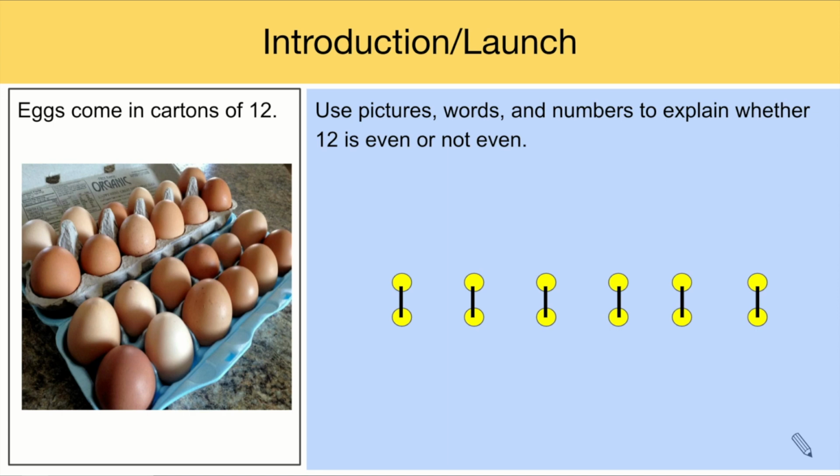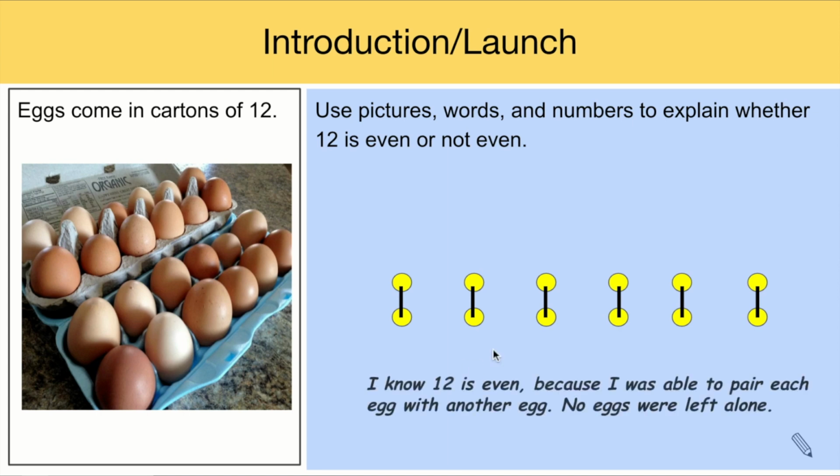Do all of the eggs have a partner? Wow, yes they do. That means 12 is in fact an even number. Let's write that at the bottom using words. I know 12 is even because I was able to pair each egg with another egg. No eggs were left alone.